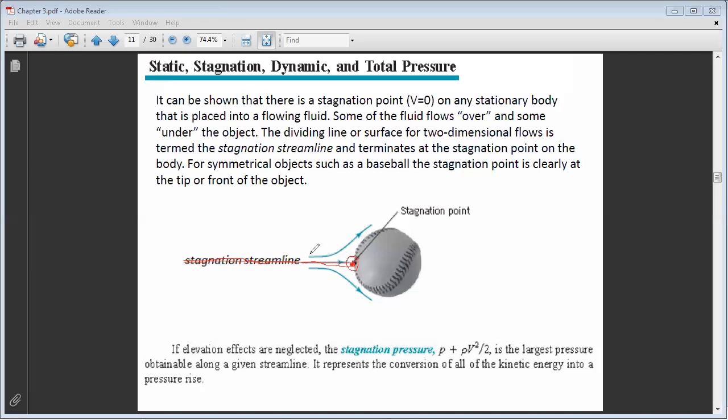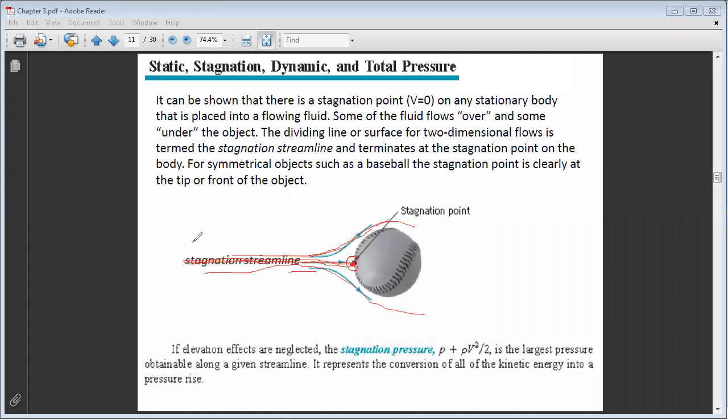While away from this point, as you can see here, you will have separation. So you'll have one streamline that will stop at this level, and here in this example you have symmetrical streamlines that will deviate from the stagnation streamline, and you will have formation of the following streamline.